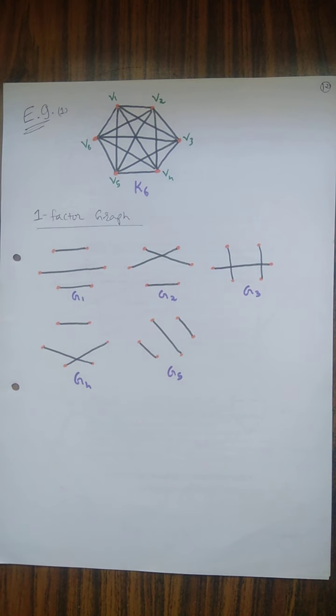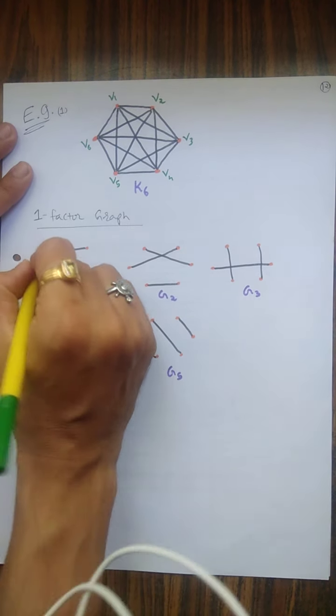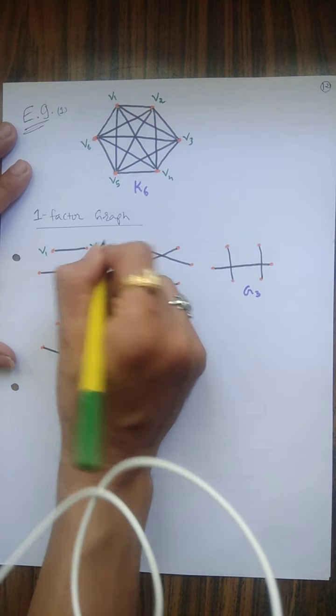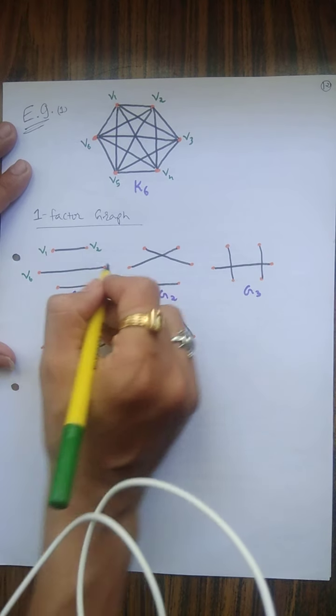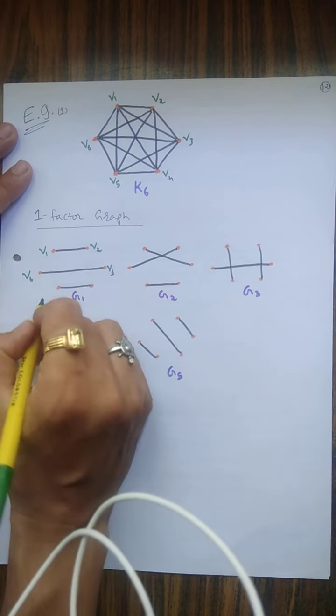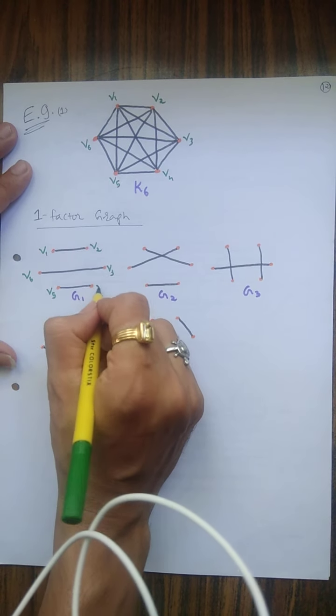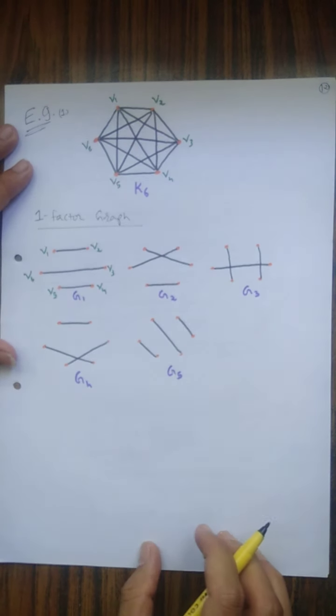We have to cover all the vertices, and all the vertices have the same number of edges. So this is V1, V2, V6, V3, V5 and V4. Now look at here.